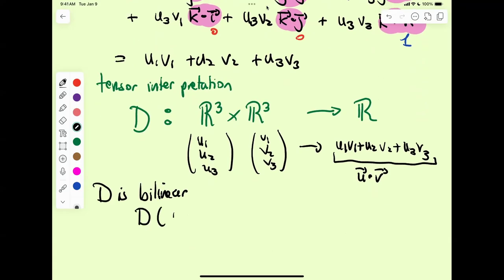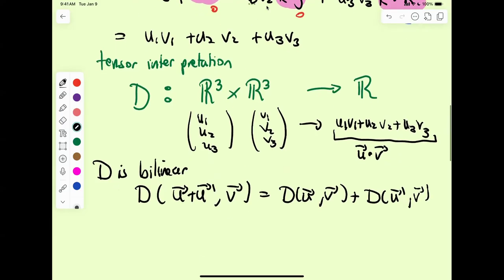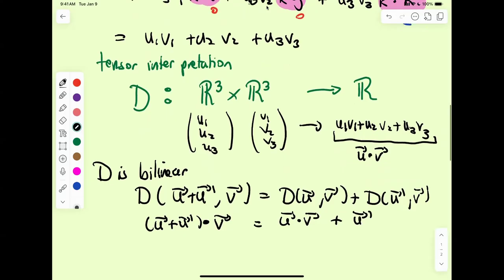It means that D of u plus u prime, comma v, is the same as D of u, comma v plus D of u prime, comma v, which in the case of the dot product just means that u plus u prime dot v is u dot v plus u prime dot v.